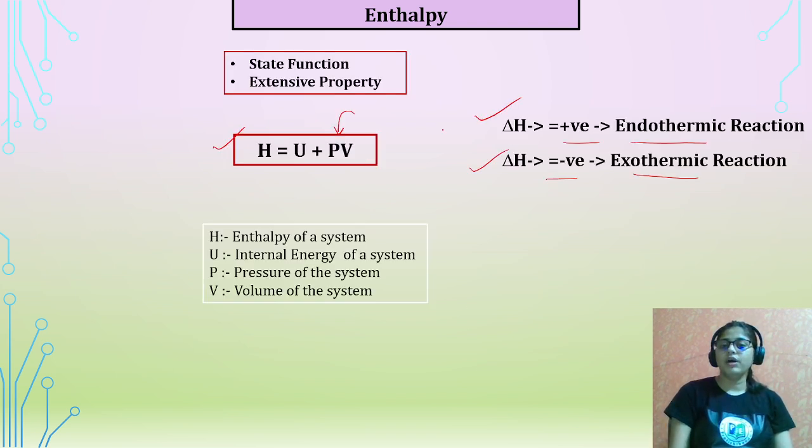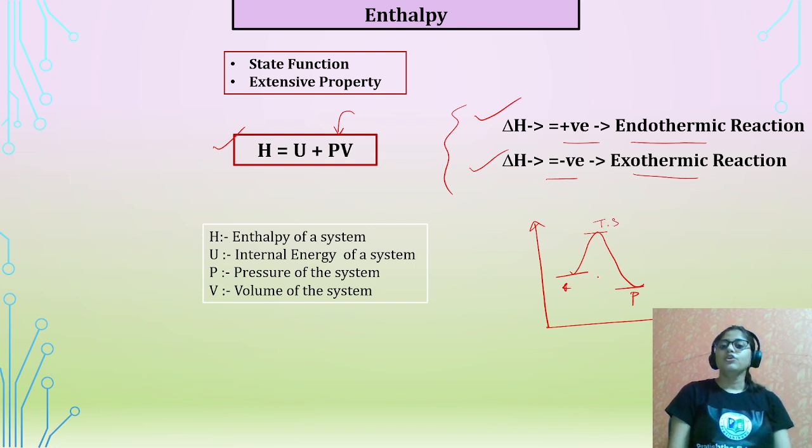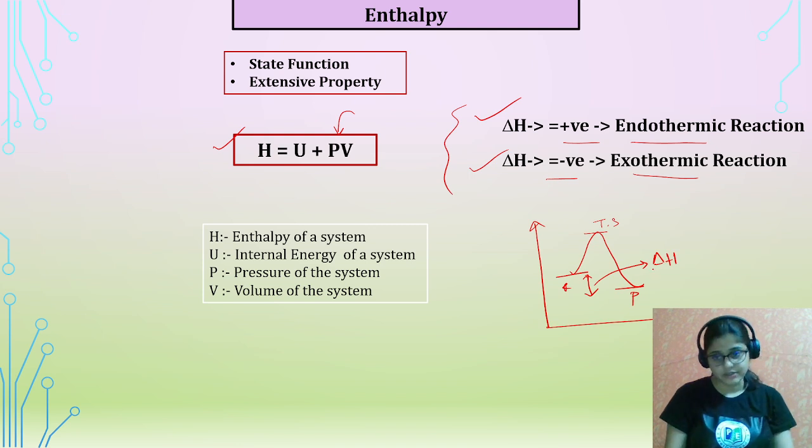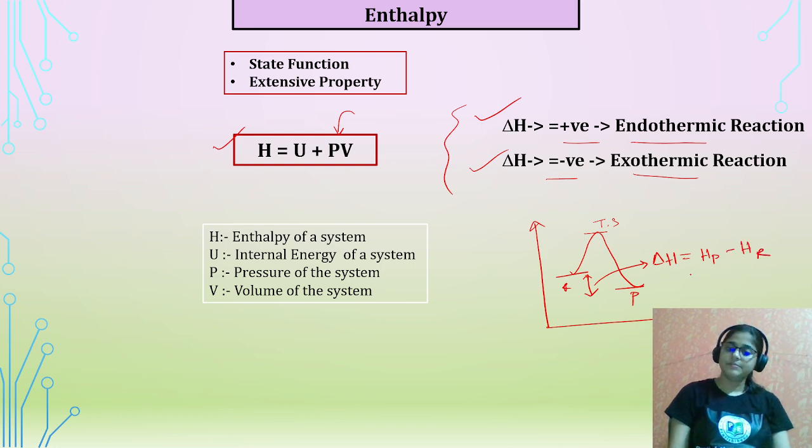Okay, so I think you know this, because when we see any reaction happening, if the reactant is here and the product is here, right? With this kind of graph, the reaction is happening with the transition state. So this change is called the enthalpy change of the reaction. It is Hp minus Hr, right?